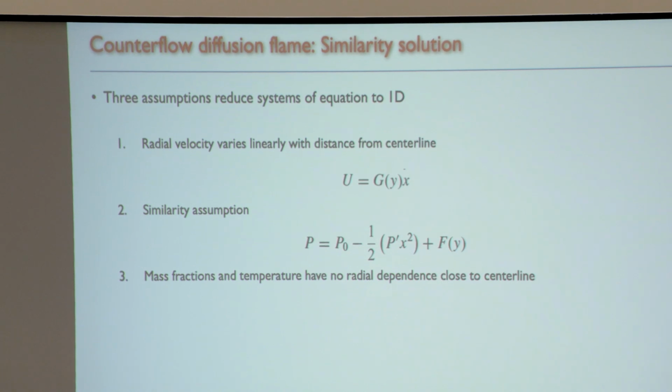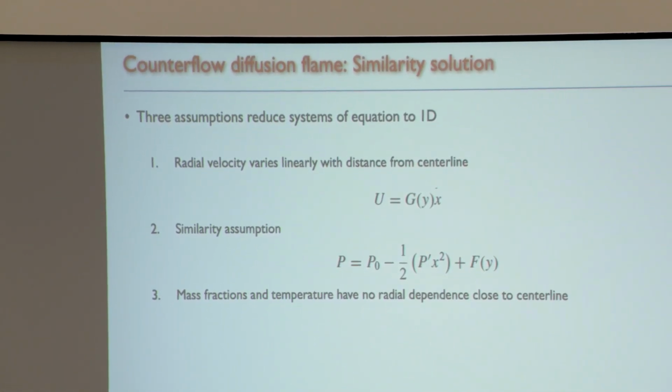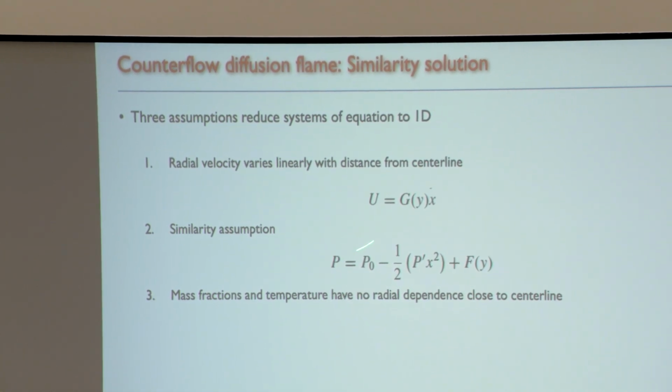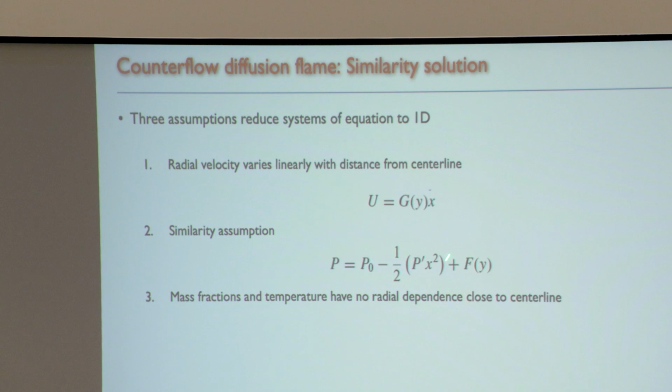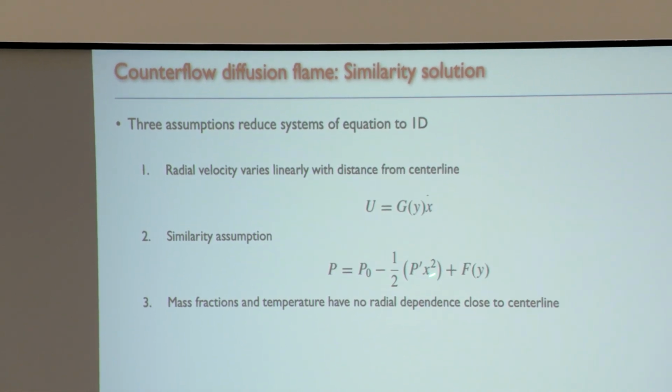So the x dependence and the y dependence are additive and multiplicative. And then also here we assume that the pressure goes with x squared. That makes sense here in terms of the velocity, and that's also a similarity assumption. So basically what you do here is you make assumptions.